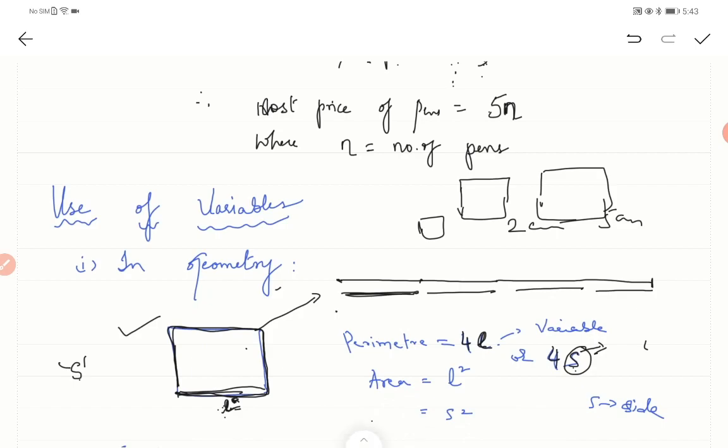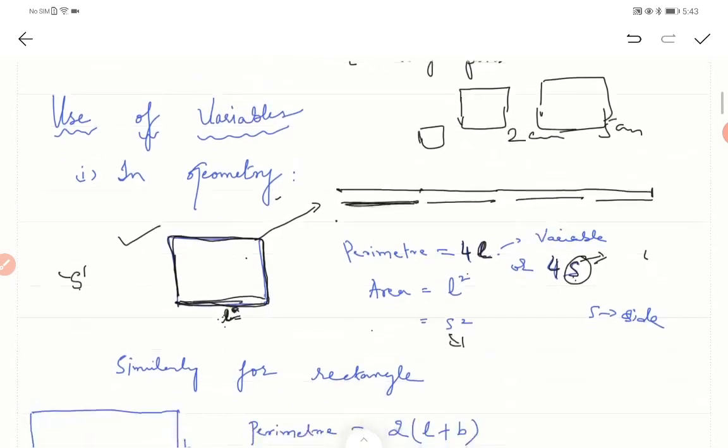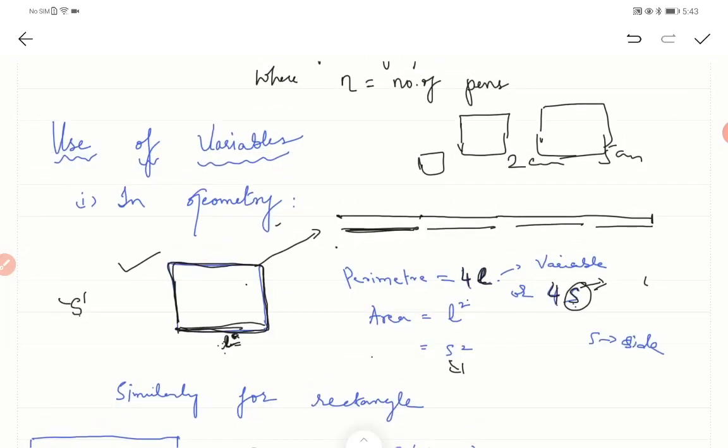Again, this is a variable. If it is 1 centimeter, 1 square is the same. If one side of the square is 2 centimeter, then 2 square will be 4 centimeter square. That is the area.